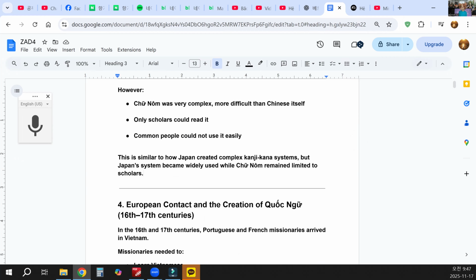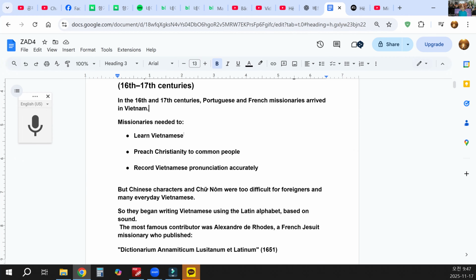European contact and the creation of Quốc Ngữ, 16th to 17th century. In the 16th to 17th century, Portuguese and French missionaries arrived in Vietnam. Missionaries needed to learn Vietnamese to teach Christianity to common people and to write Vietnamese pronunciation accurately. The Chinese characters and Chu Nom were too difficult for foreigners and many everyday Vietnamese. So they began writing Vietnamese using the Latin alphabet based on sound.